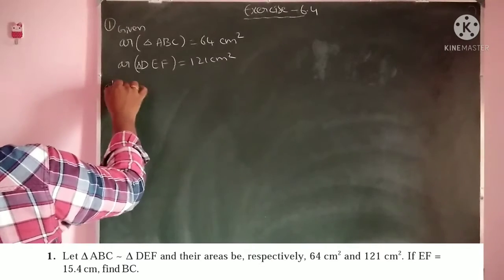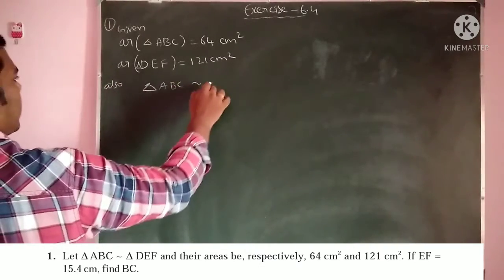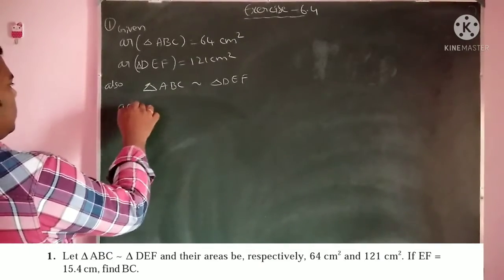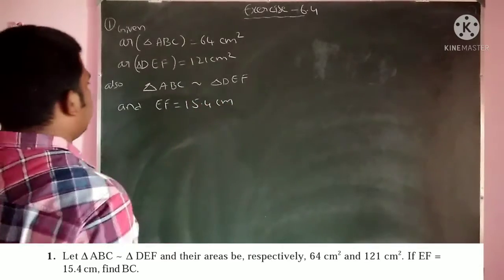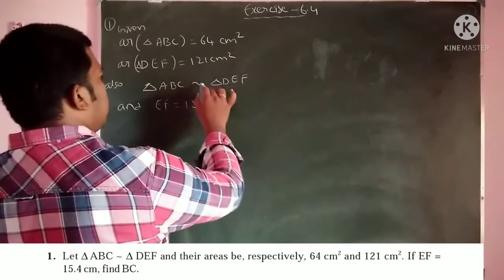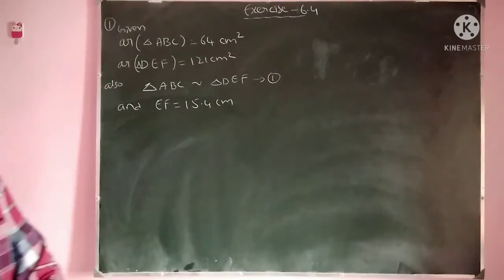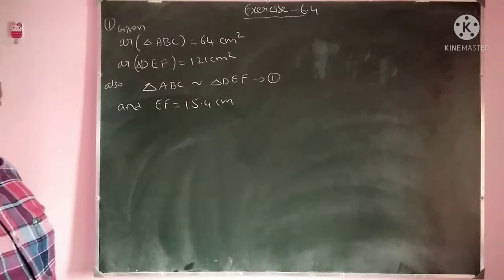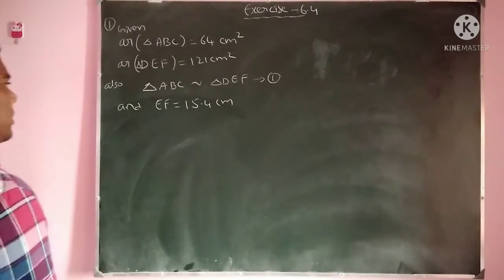Also triangle ABC is similar to triangle DEF and EF is equal to 15.4 centimeters. They have given that the two triangles are similar. From the areas theorem, if two triangles are similar, then the ratio of their areas is equal to the square of the ratio of their corresponding sides.